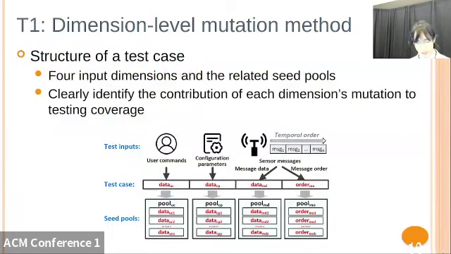In our method, a test case has four parts, including user commands, configuration parameters, sensor messages, and sensor message order. Our method maintains a seed pool for each of these parts. In this way, it can clearly identify the contribution of each dimension's mutation to testing coverage.